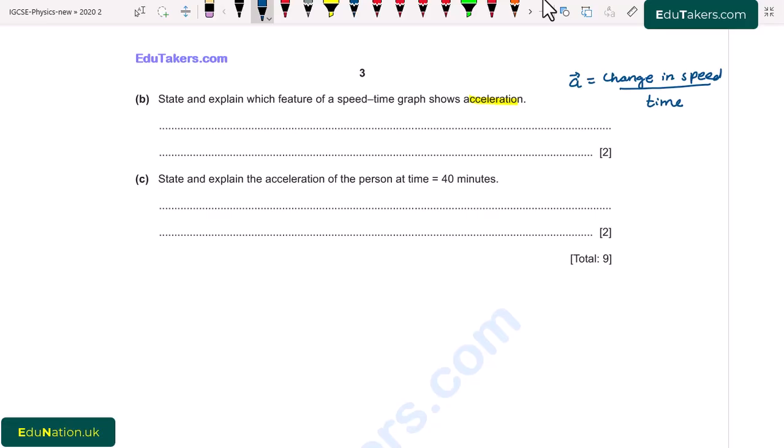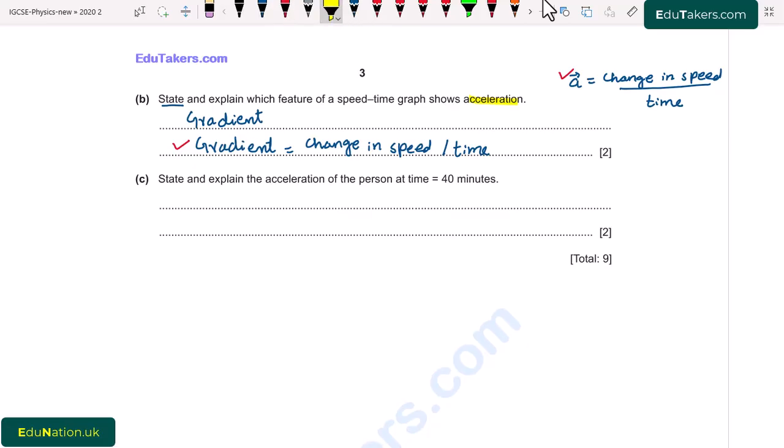So when I find out the gradient of the speed time graph, first of all we also have to state it. That's why I write here gradient, and gradient must be equal to change in speed per time. So you can see here that this formula and this formula both are equal. We can simply say that the gradient of speed time graph gives us acceleration.